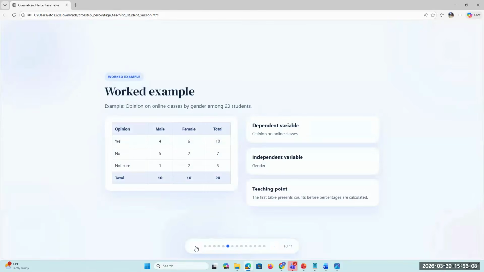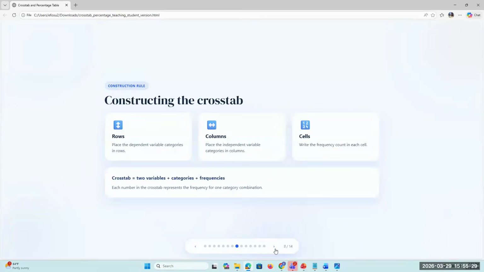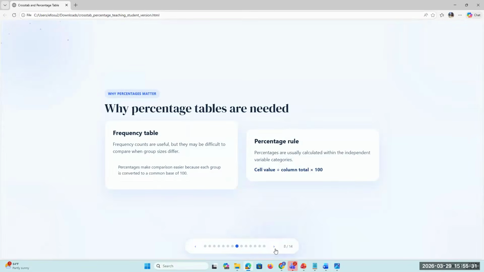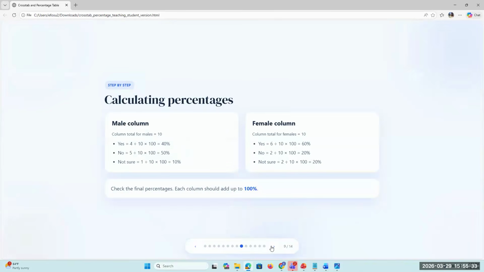Do you get me? So the total is going to be 100%. The column total is this one here, the 10. So when you pick the females, it will be over the total that you have over there, which is 10. I hope you get what I'm trying to say.